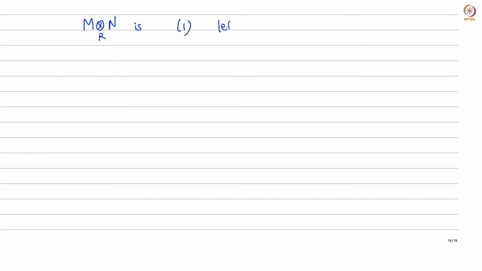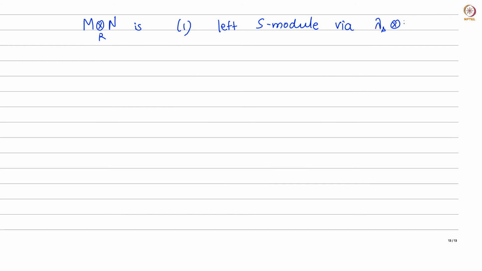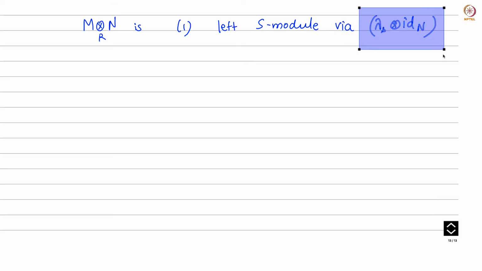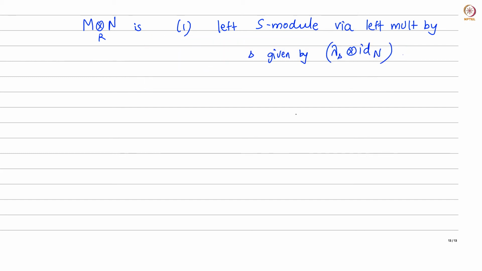Number one, it's a left S module under the given action, via the left multiplication by S given by the map we talked about. This I am going to leave as an exercise. It's an easy exercise.